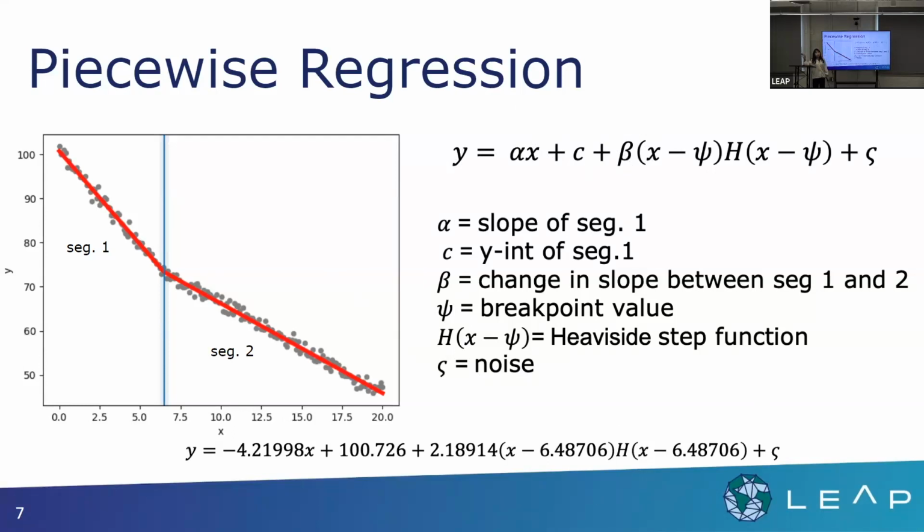So it's not the slope of segment 2, it's the change in slope between the two. This symbol here is where the breakpoint, or where the change in slope, occurs. Then the h of x minus this symbol is 0 when x is less than 0, and it is 1 when x is greater than or equal to 0. We also have a noise term here, because not everything's perfect.